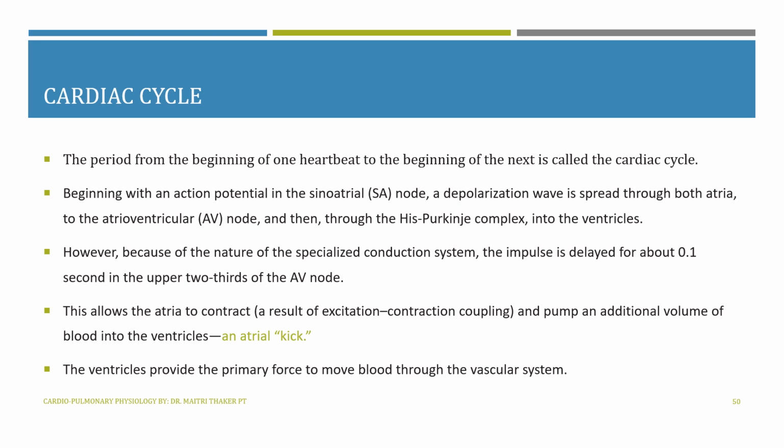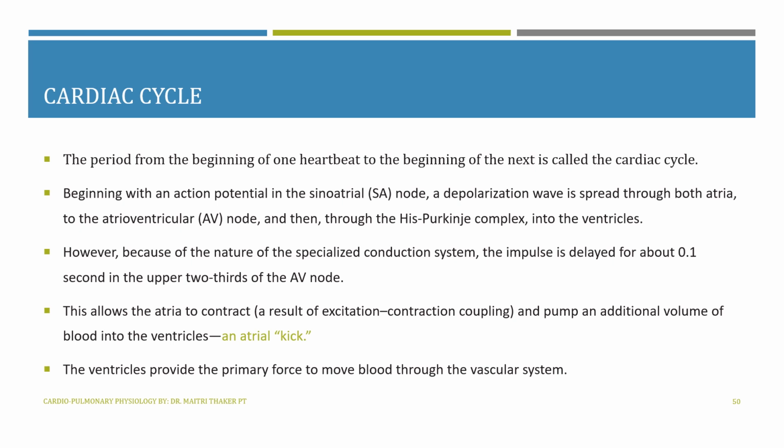Let's understand what that is. This allows the atria to contract and pump additional volume of blood into the ventricles. After one contraction, due to the delay of about 0.1 second, both the atria again contract with a higher amount of force. That is known as atrial kick.